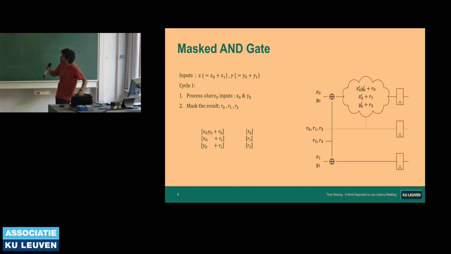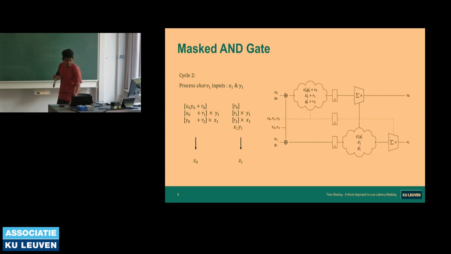Those 2 columns are stored in 2 separate registers, the top 2. And then in the next cycle, I process the shares with subscript 1, and then I combine them with whatever was calculated previously, which are stored in the registers, to get the outputs that I want.